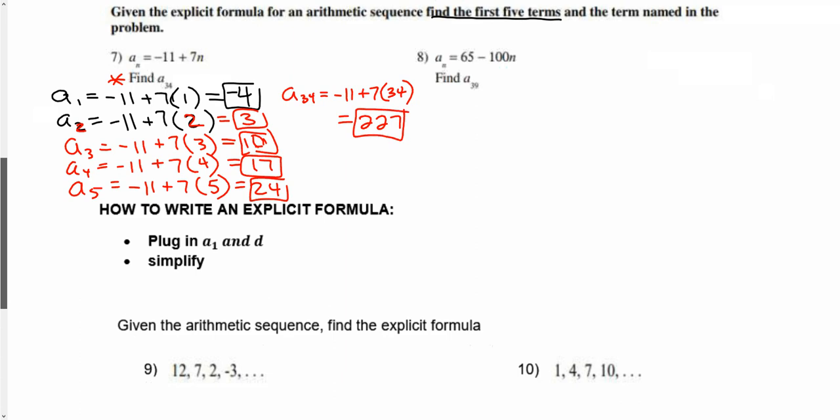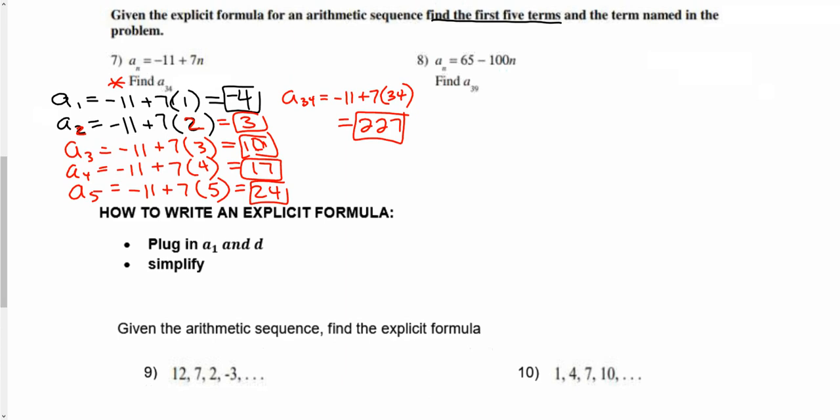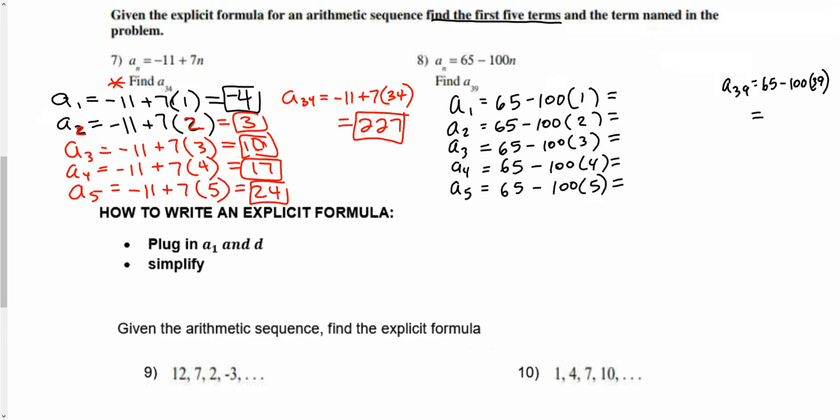So I'm going to pause there for a second because I want you guys to do number 8. Exactly what I just did. First 5, and then they want you to find the 39th term. So the first one, negative 35, then negative, I'm guessing this is the pattern right here.